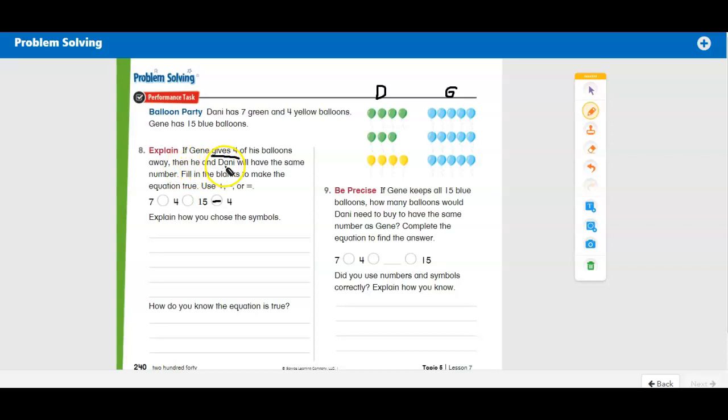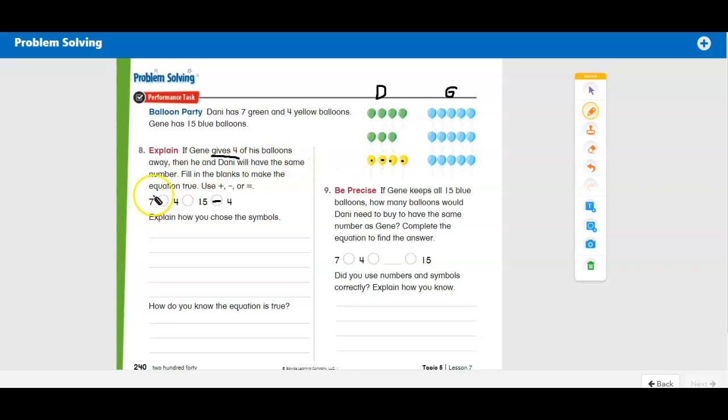Then he and Danny will have the same number. Well, we know that Danny has 7 green balloons and 4 yellow balloons. So we need to know how many balloons total does Danny have? Let's see. So he has 7, and we can count on and say 8, 9, 10, 11.